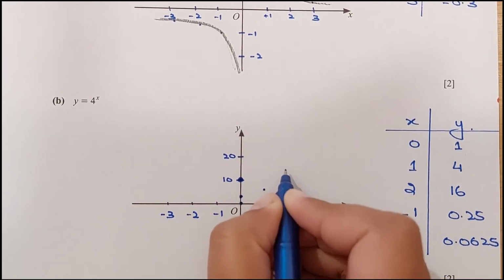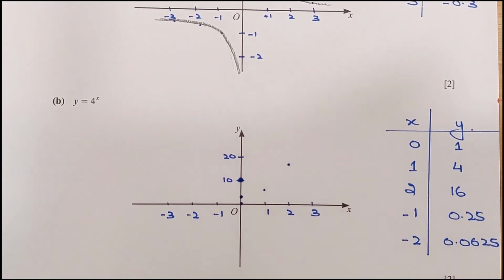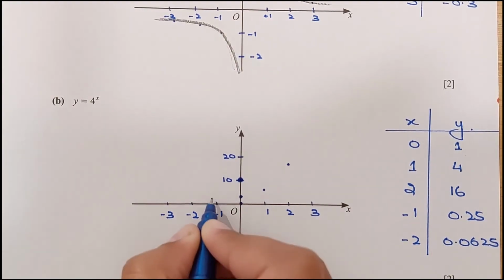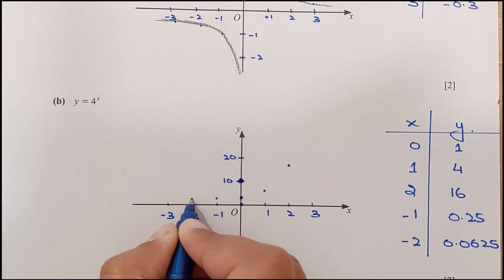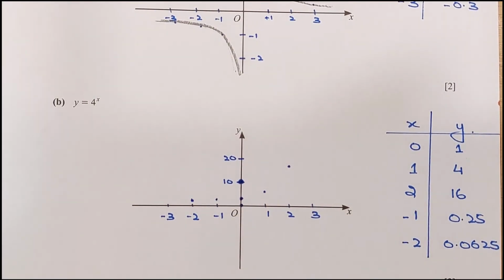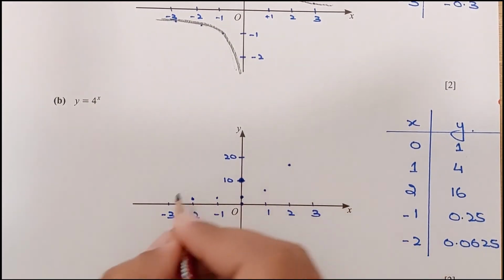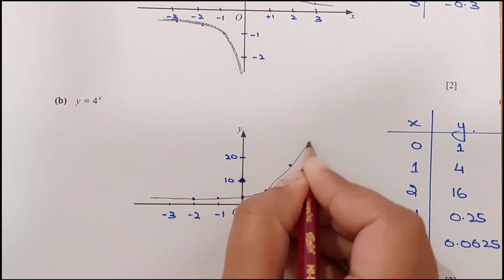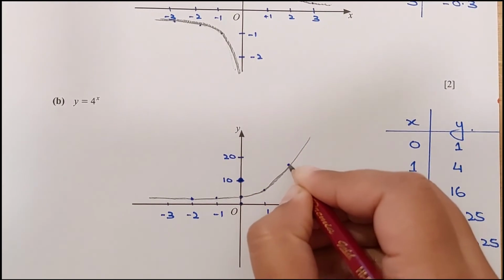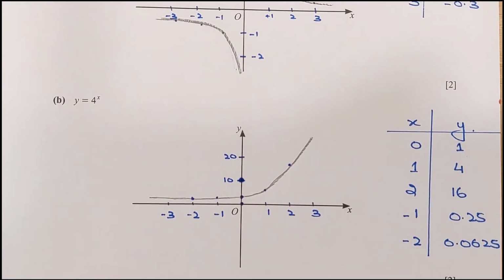When x is 2, y is 16, let's say over here. When x is minus 1, it is 0.25. When x is minus 2, it is 0.0625. So this is the shape of the curve that I told you. Let me connect the points, and it looks like this, right?